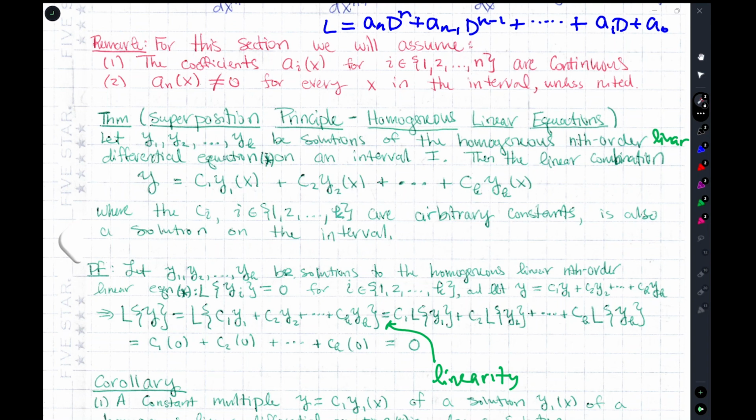That's the definition of linearity that we talked about. And so you get zeros and 0. And that's what it means to be a solution to the homogeneous equation, that when you operate with L on the function, you get 0. Okay, so y is a solution of the homogeneous linear equation.